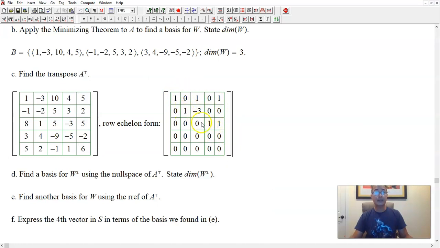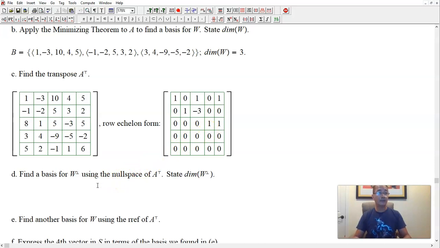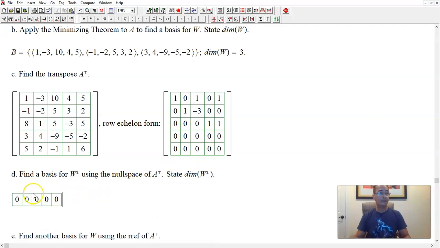The rank is 3, and we have 2 free variables. So we're going to sight read the basis for our null space as before. We will need 2 empty vectors because we have 2 free variables. So let's just copy this. Okay, and let's make it empty.